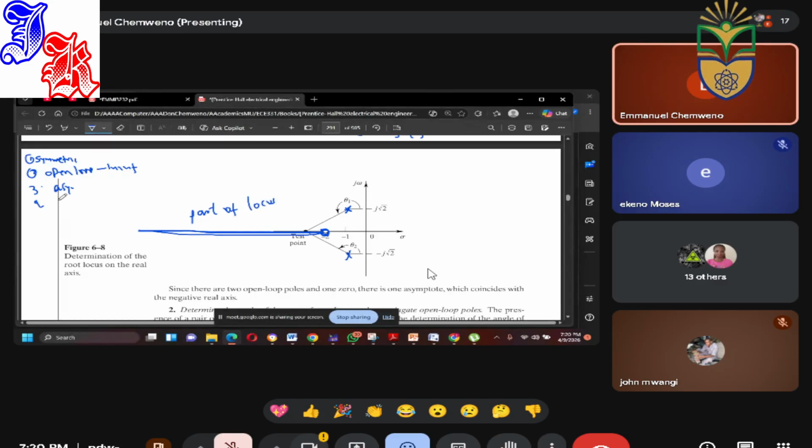Number 4, asymptotes. And number 5, centroid. So for the asymptote, because you have 2 poles and 1 zero, n minus m is equal to 1.